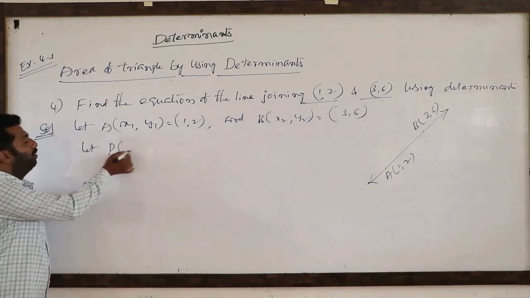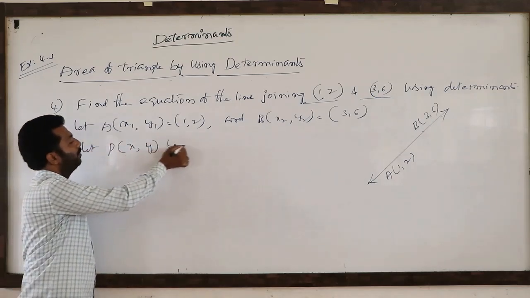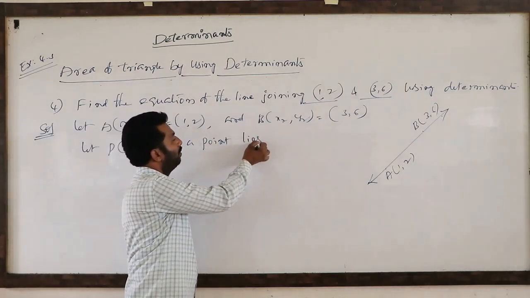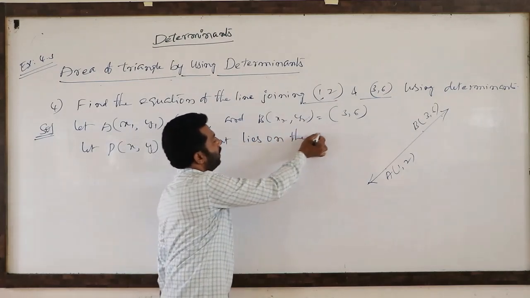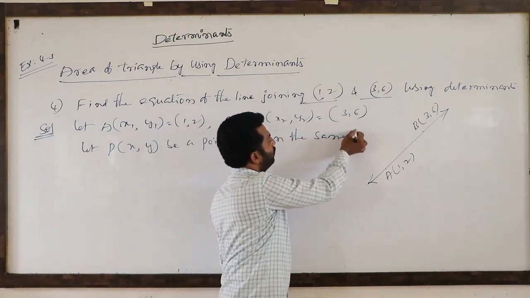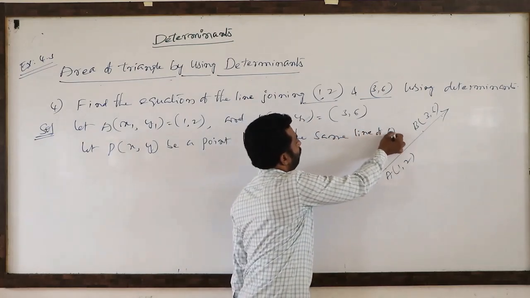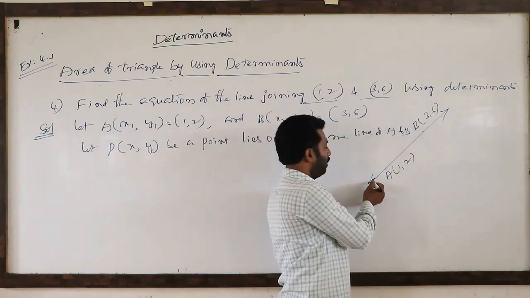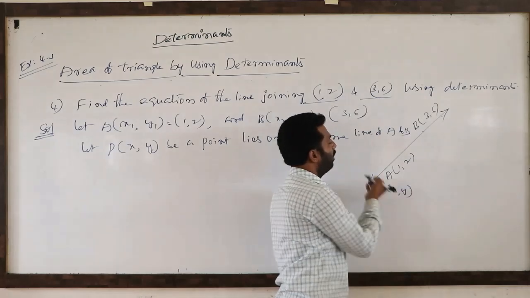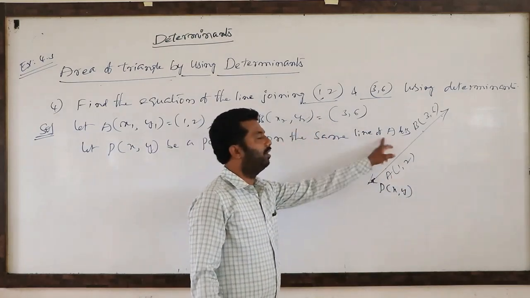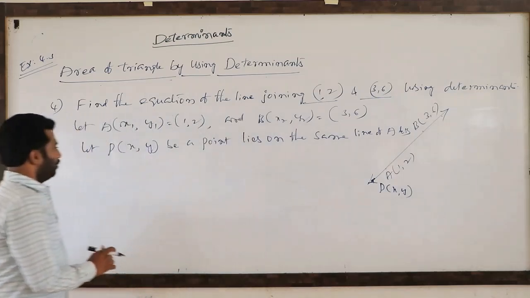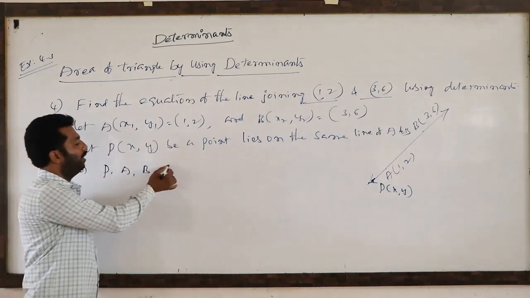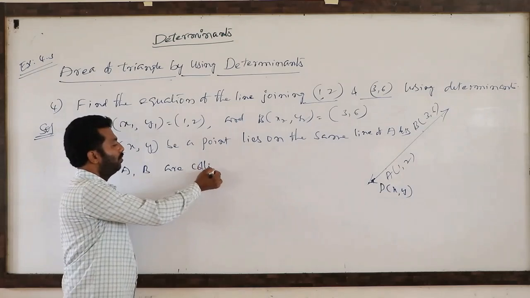Let P of x comma y be a point that lies on the same line of A and B. So we can say that clearly P, A, B are collinear points.